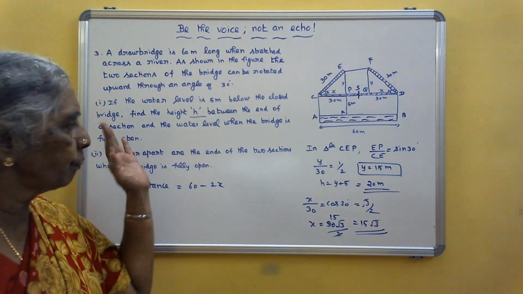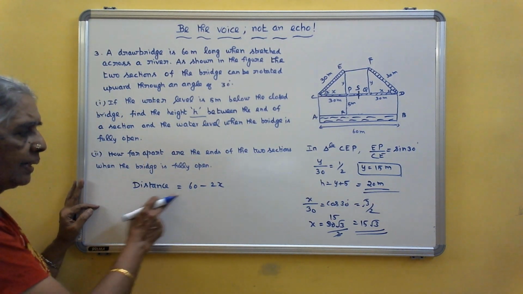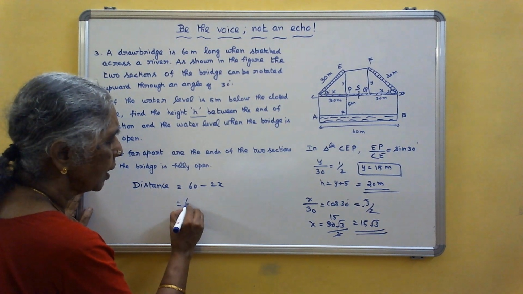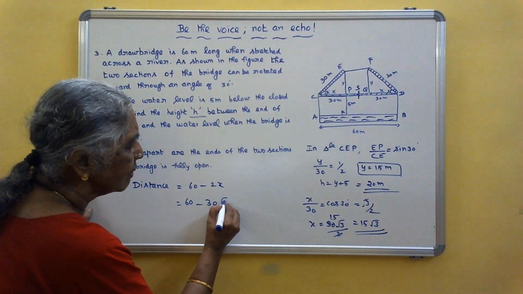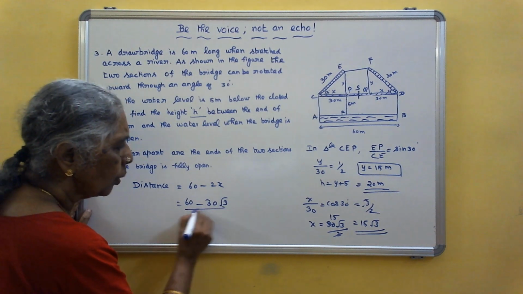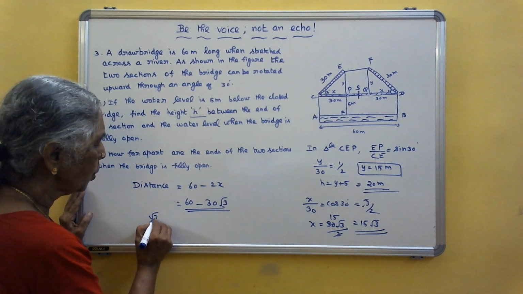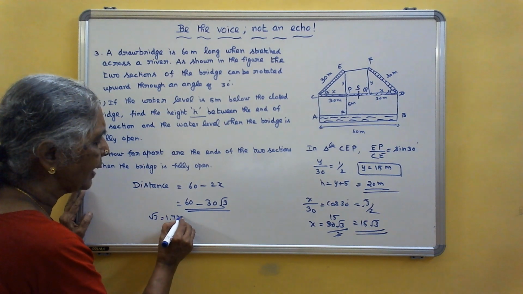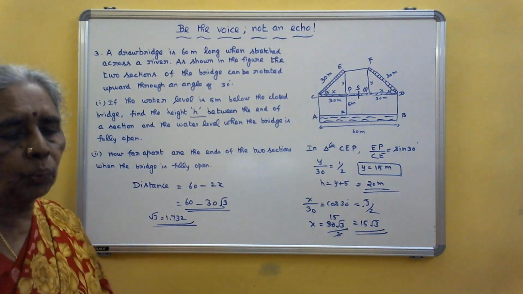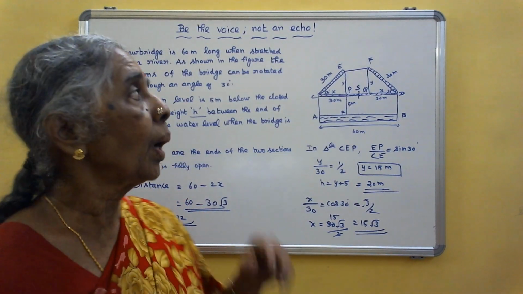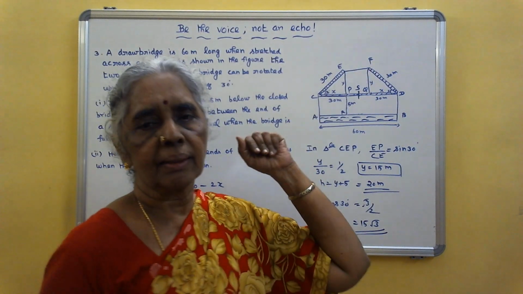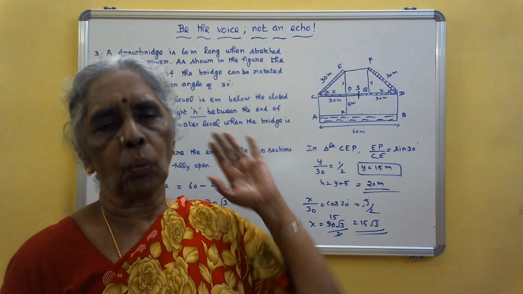That is your x. So here the distance is 60 minus 2x, so it is 60 minus 2 into 15 root 3, that is 30 root 3. You can substitute root 3 as either 1.73 or 1.732 and get the value. That will be the distance between the two ends when the bridge is fully open.